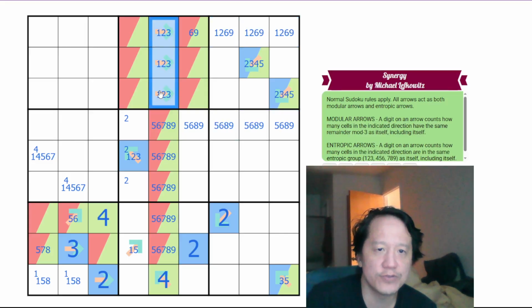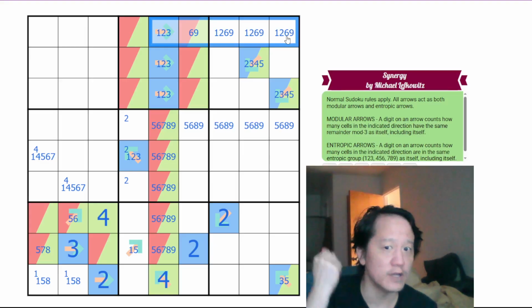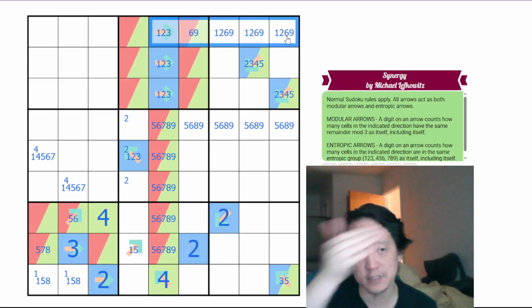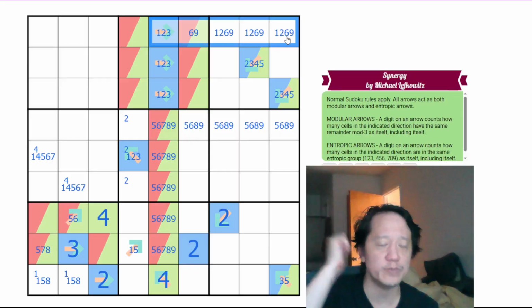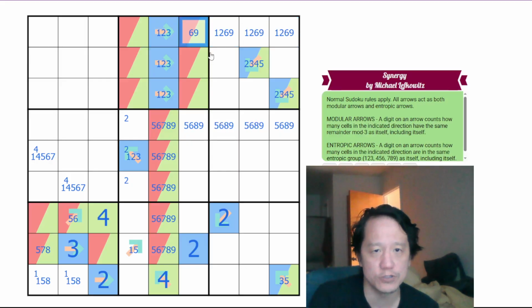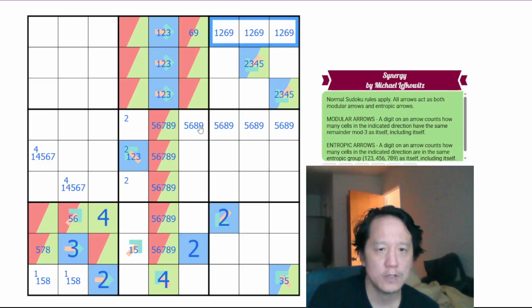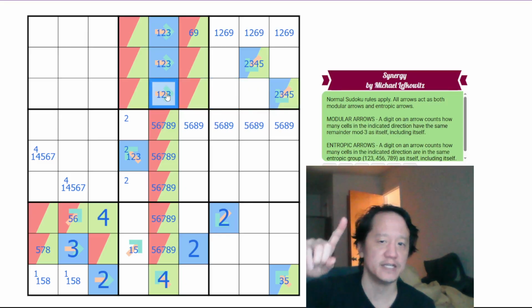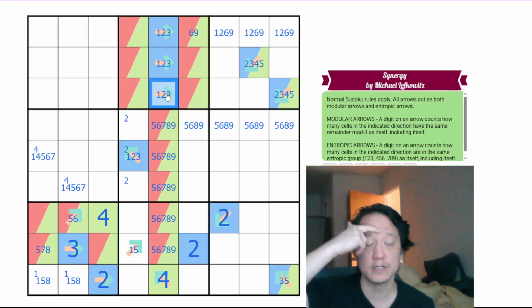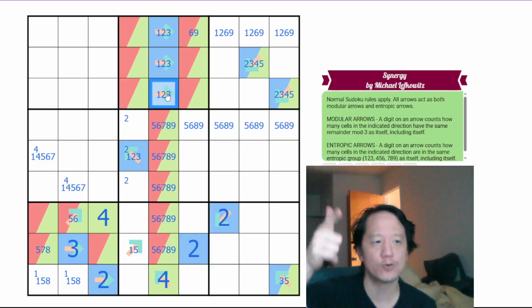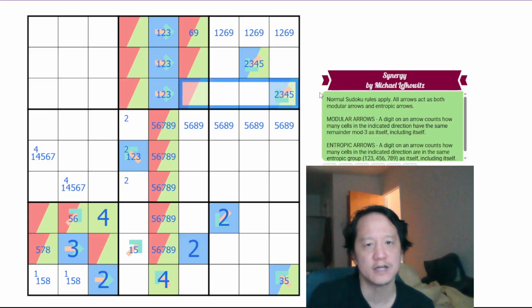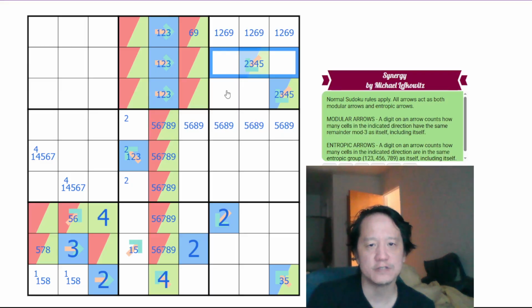In the set with 3 pointing this way, it has to have all 3 of the same entropic and modular sets that its points see. So it would be 1, 2, 6, 9, but this can't be 1 or 2. So 1 or 2 would be guaranteed here. And for the 1, it cannot see any of the same modular or entropic set. So that means 2, 3 are removed and 4, 7 are removed, which leaves 5, 6, 8, and 9. So one of these is going to have to be 3, 4, and 7.